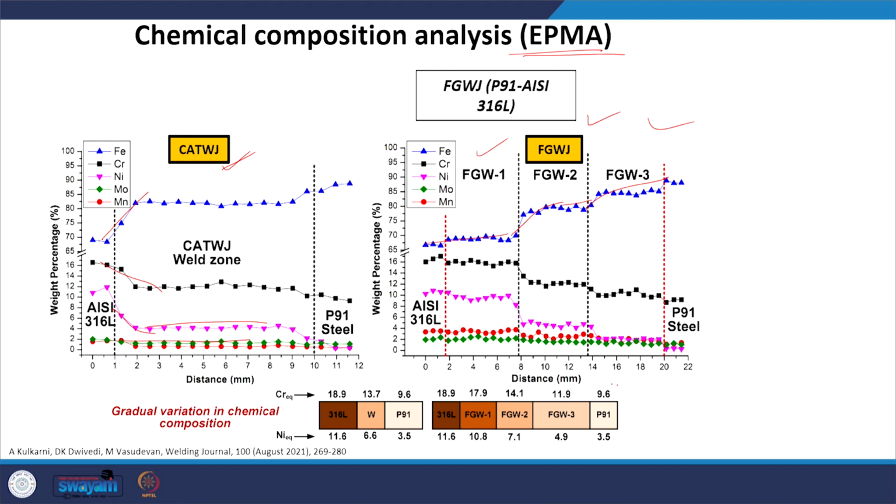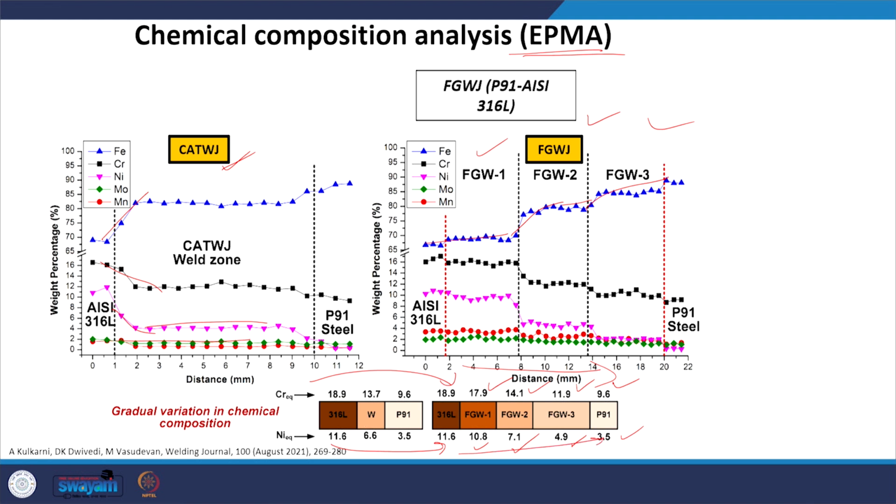In the functionally graded weld joints, if you see the chromium equivalent and nickel equivalent values, for 316 it is 18.9 and 11.6, then 17.9 and 10.8, 14.1 and 7.1, 11.9 and 4.9, and 9.6 and 3.5. The point here is that there is a continuous gradual change in the chromium and nickel equivalent values.